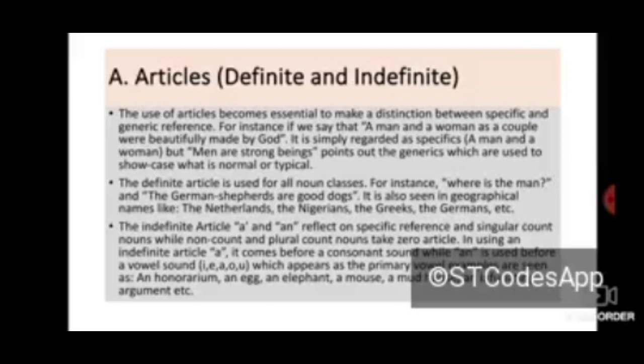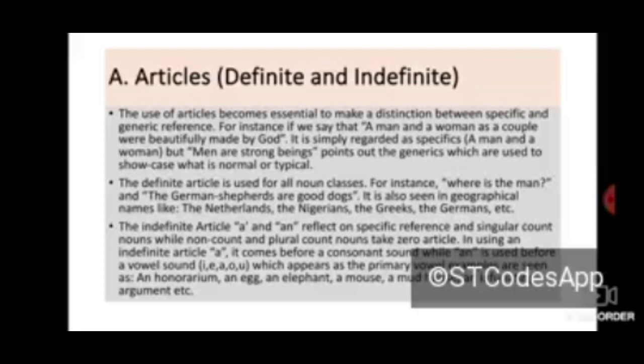It is simply regarded as specific. A biro, a man and a woman are still classified as specific. But men are strong beings. This is no longer specific. This is turned into generic.